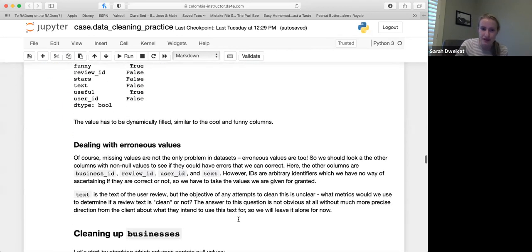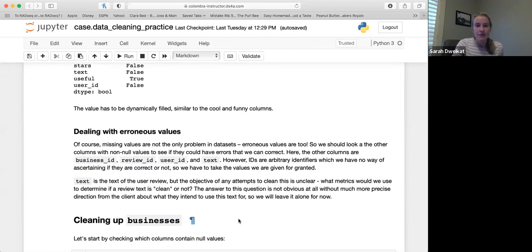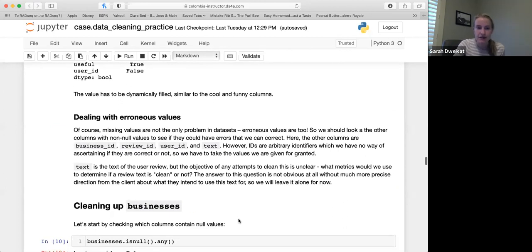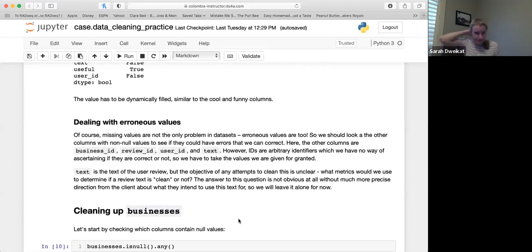Okay. The next thing we're going to talk about is dealing with erroneous values. In our previous section we talked about missing values. That's where there's no data there. But what do we do if there are incorrect or erroneous values in our data set?